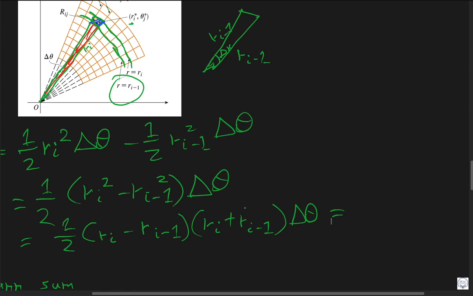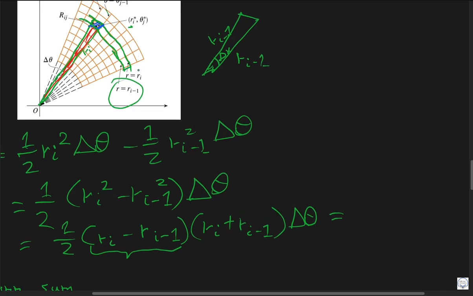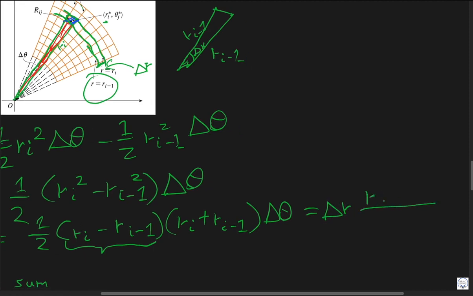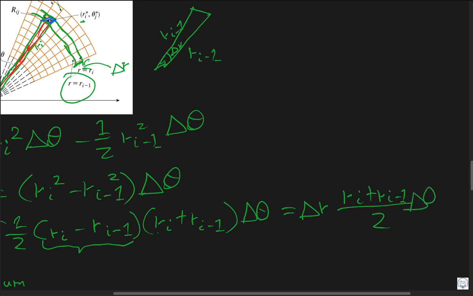Now note what we can do with this. This R i minus R i minus 1 is our small change in r, which we'll call delta R. And note what this is: (R i plus R i minus 1) divided by 2, using the half over here, times delta theta.